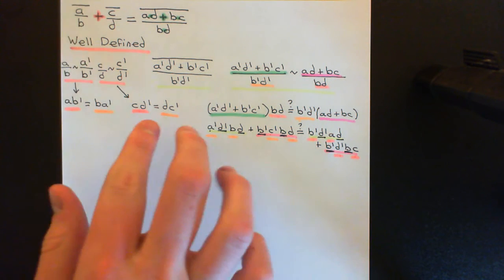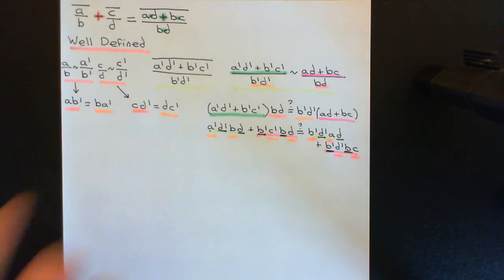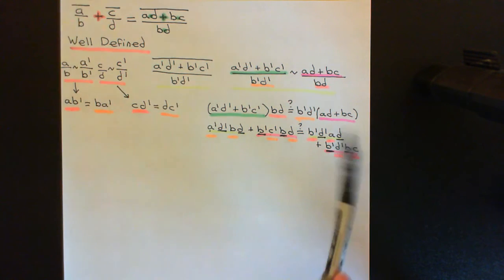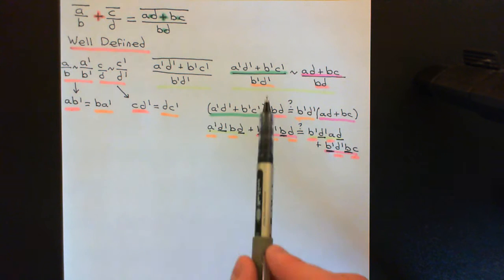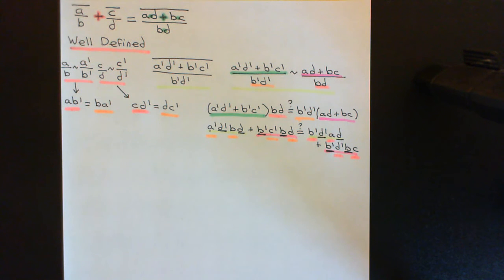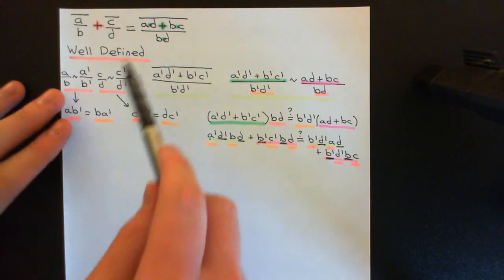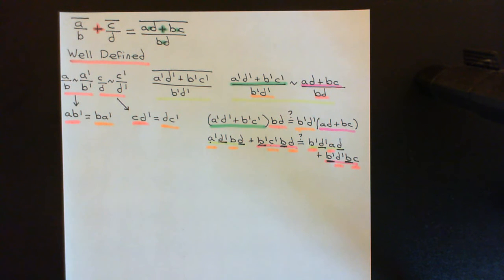Okay, so again I can substitute in for C prime D here, C D prime, and turn this into this. So again those two things are equal to each other, and that's why this is true, that this side is equal to this side, and therefore this one is related to this one, and therefore addition is well defined. I can take any two representatives from these equivalence classes here, construct this fraction in this way using addition and multiplication in the initial integral domain, and then take the equivalence class that contains that fraction, and that will be my answer in the fraction field. And addition is now well defined.